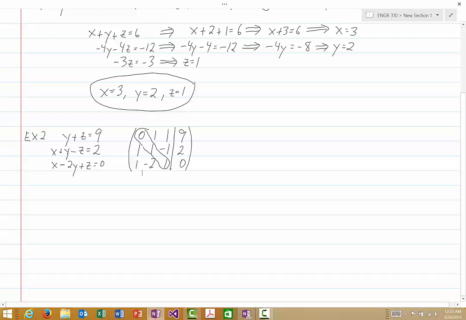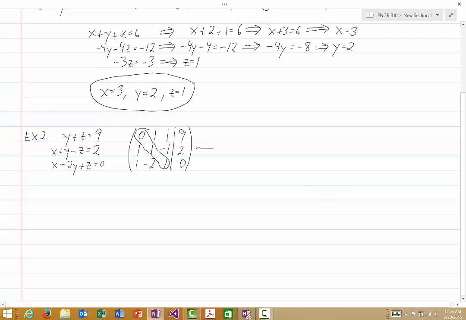Now typically we would switch it with the one that would give us the largest value in the diagonal, but notice that here both of these are equal to 1, so neither one is going to give us a bigger diagonal element than the other. So we'll go ahead and switch the first row with the second row so that we can get this 1 up into the diagonal element of the first.